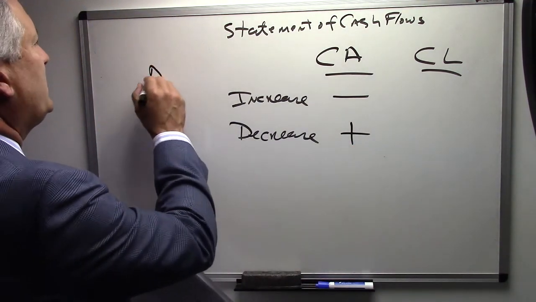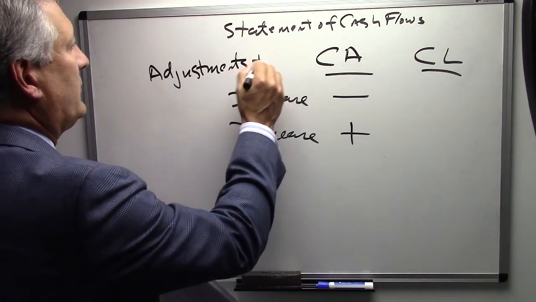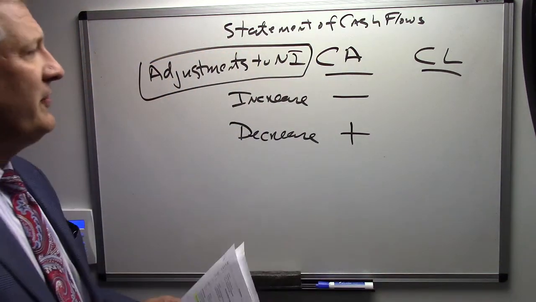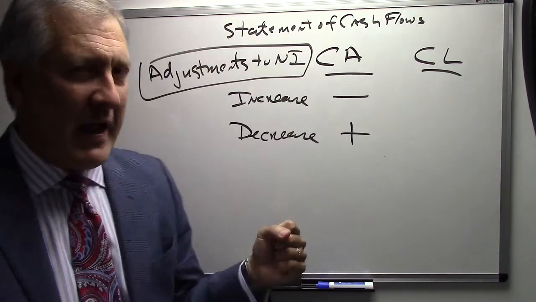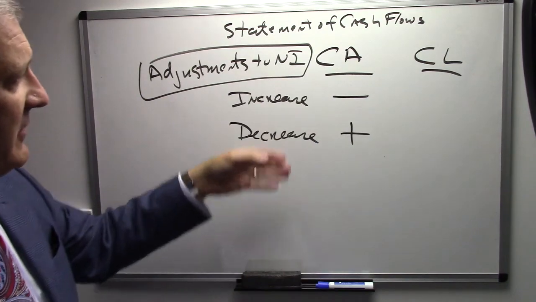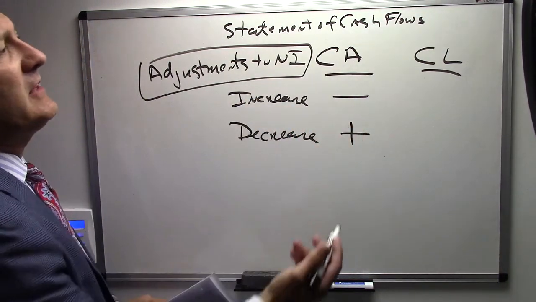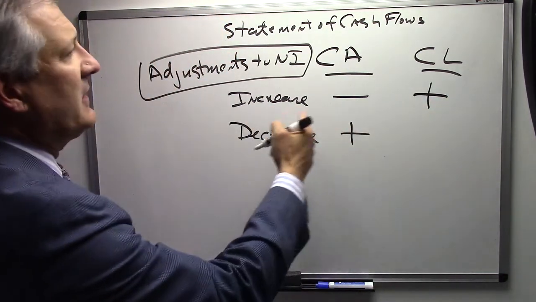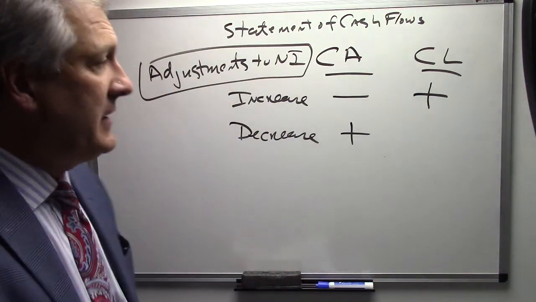So these are adjustments to net income. If you have an increase in a current asset, you want to subtract the change from net income. And if you have a decrease in a current asset, you want to add back the difference. On the current liability side, if you have an increase in a current liability, you want to add the difference back to net income.